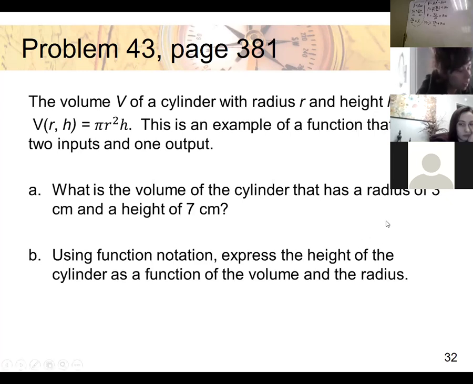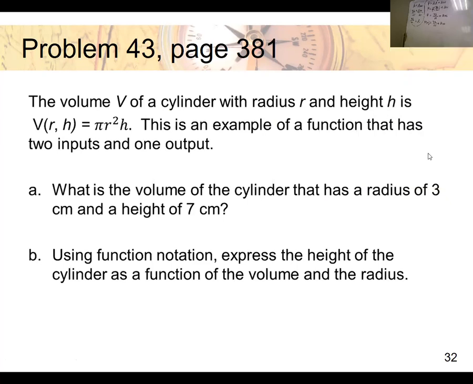So now, what is the volume of the cylinder that has a radius of 3 centimeters and a height of 7 centimeters? And then in part B, you're going to use the function notation to express the height of the cylinder as a function of the volume and radius.